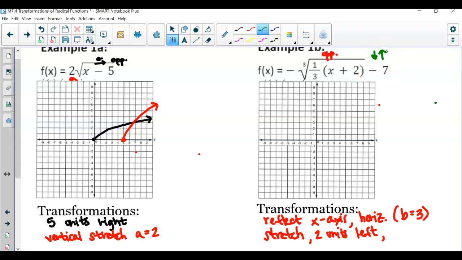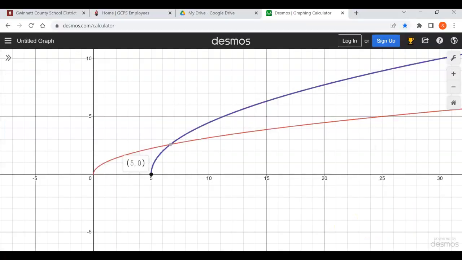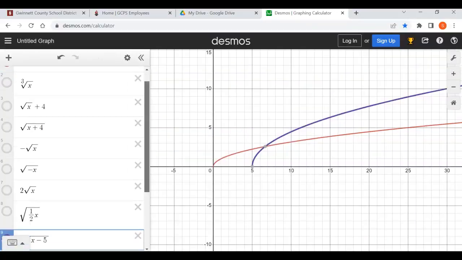That means here that this is 7 units down. So now let's check. We're talking about moving to the left and down, reflecting over the x, and it's a horizontal stretch. So it's like we're flattening the graph here. So let's see if we're correct.